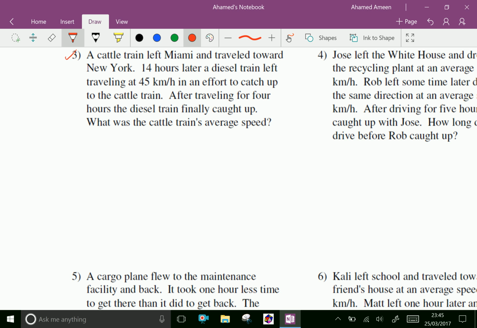Let the speed of cattle train equal x kilometer per hour.